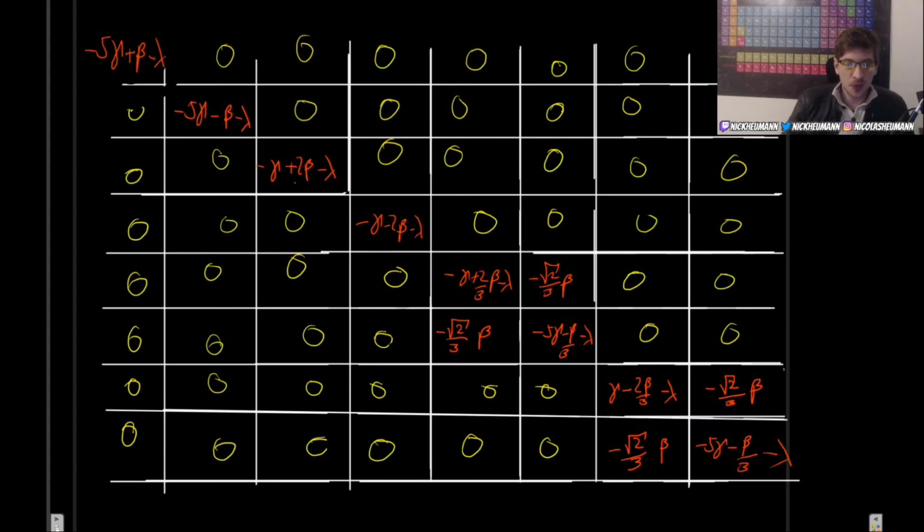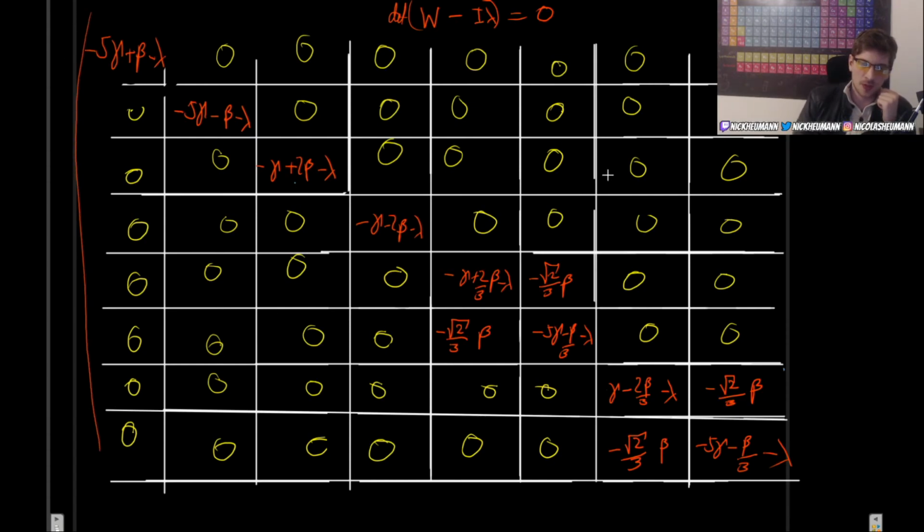Here I have rewritten our matrix, this time as W minus the identity times lambda. Now we want to take the determinant of this and set that equal to 0. That way we will find the eigenvalues, which will in turn be the energies.